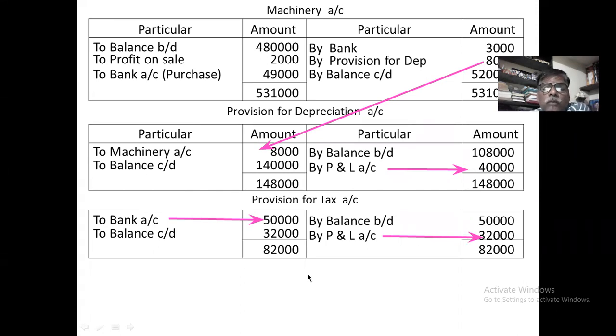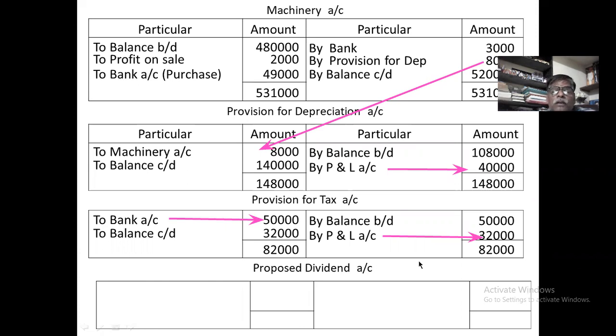Then in this problem you have to prepare the proposed dividend account. You open the proposed dividend account. You write the balance. By balance brought down 28,800, the opening balance. Closing balance is 15,000.